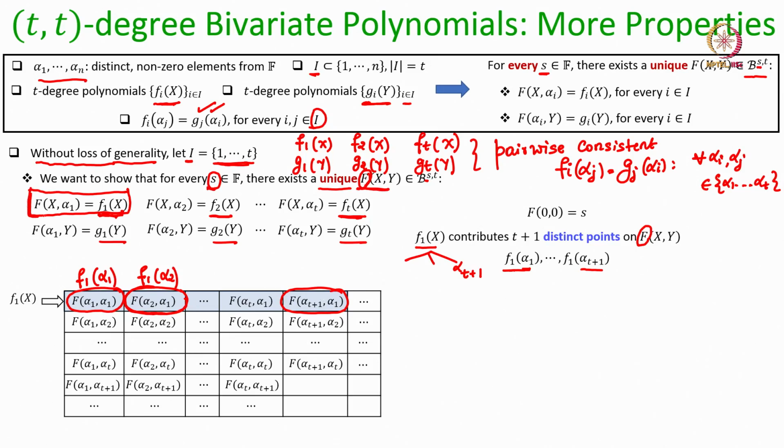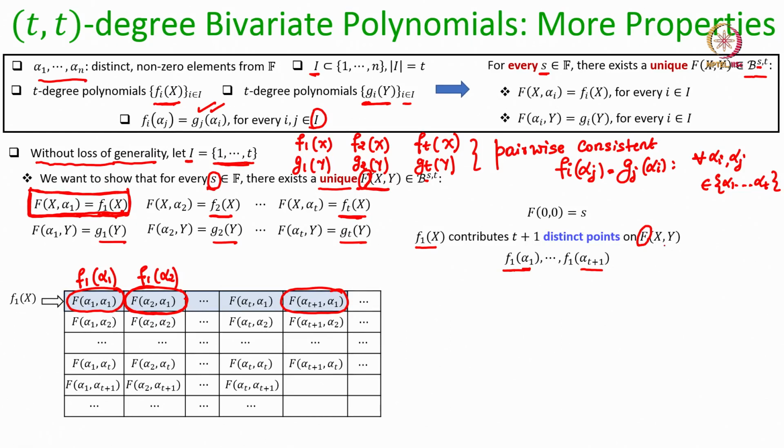So, by setting this constraint that the unknown bivariate polynomial when evaluated at y equal to alpha_1 should give me the f_1 of x polynomial, I am basically fixing t plus 1 distinct points on that unknown bivariate polynomial. Okay, I am setting this constraint.